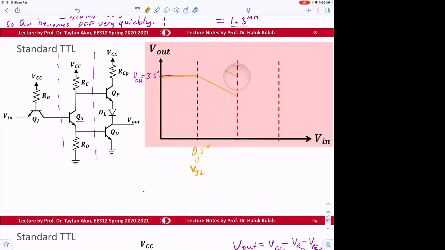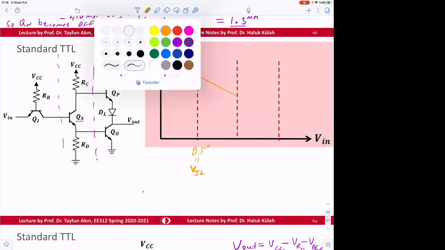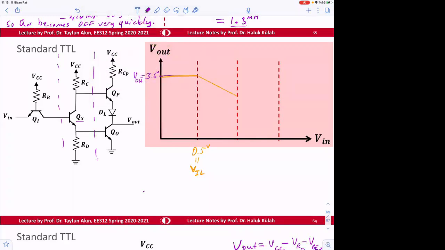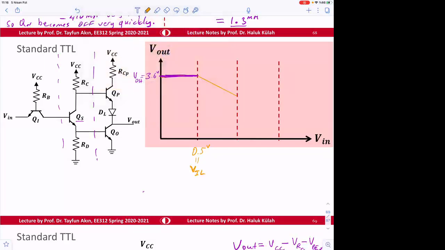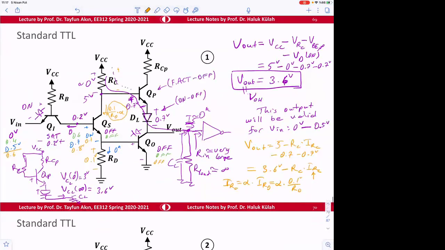Maybe here, let's do it this way. Initially it was this way, and then it becomes like this. So there will be another breakpoint or transition.